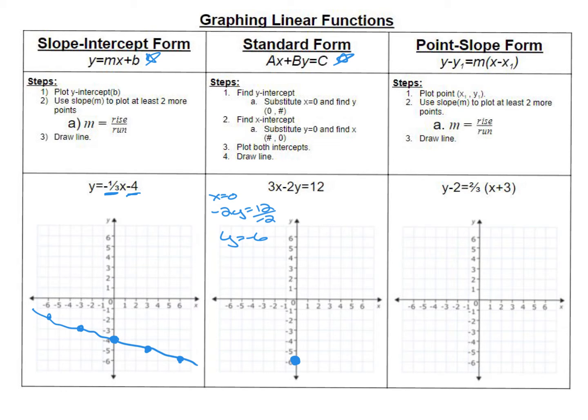That's our y-intercept. And the other thing we'd have to do is say y equals 0. So that's going to say, well, if 3x equals 12, I can divide by 3, x equals 4, and then we can graph our x-intercept. And at that point, we can connect the two dots. A little bit better line there.